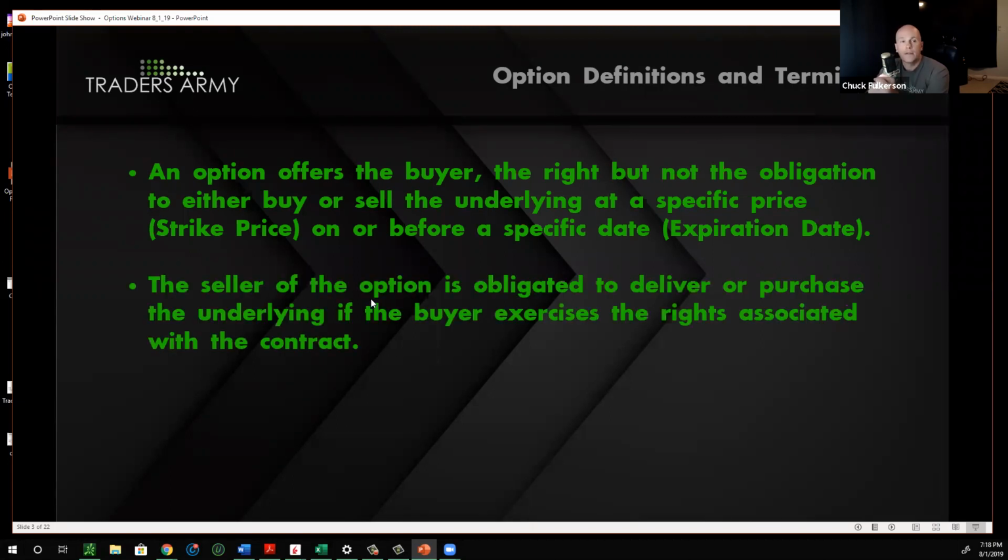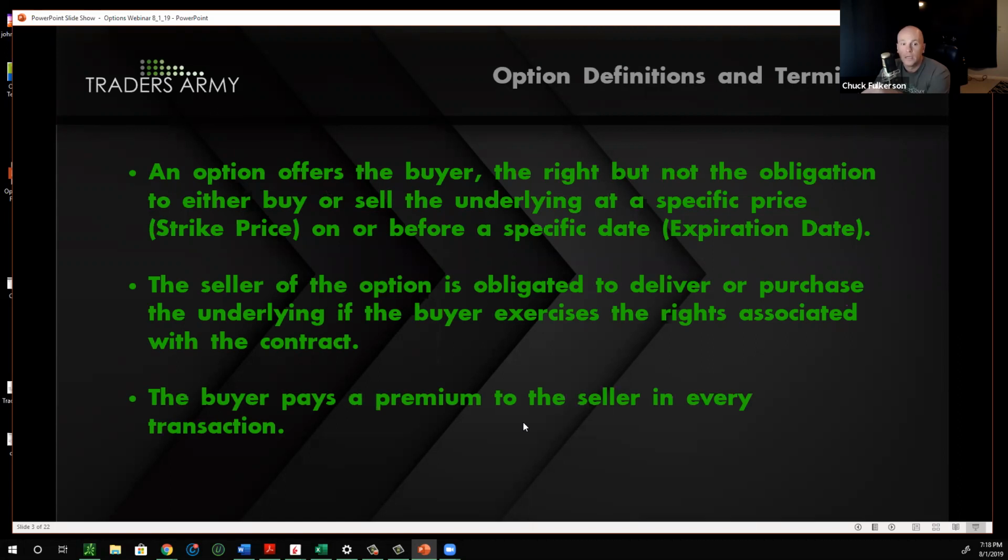Now, the buyer has the right. The option seller is obligated to either deliver or purchase the underlying if the buyer exercises those rights associated with the contract. Whoa, what does that mean, Chuck? Well, what it means is the buyer pays a premium to the seller in every transaction. So, very simple way to consider it.